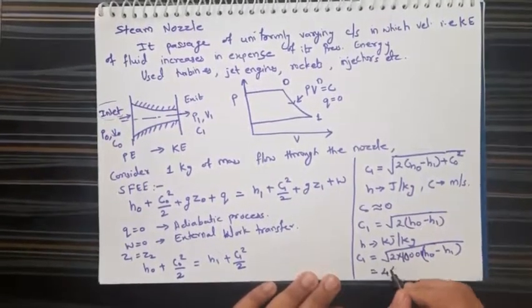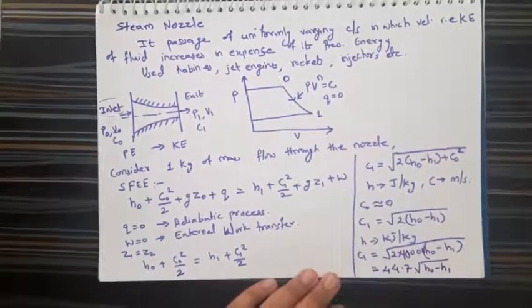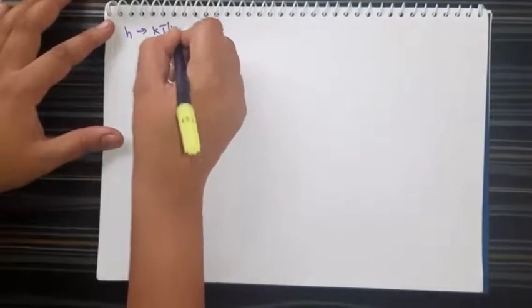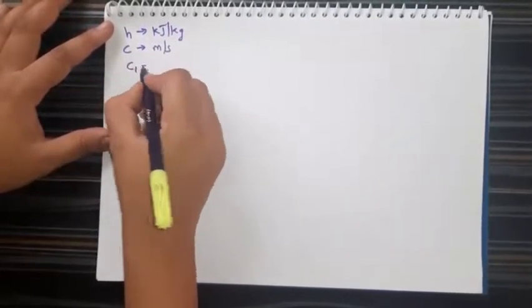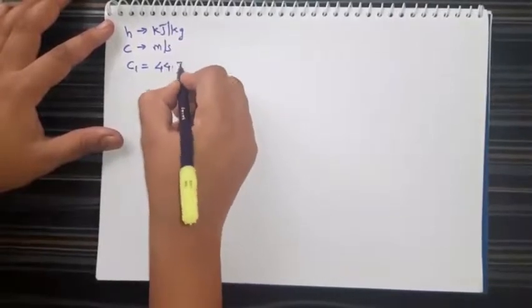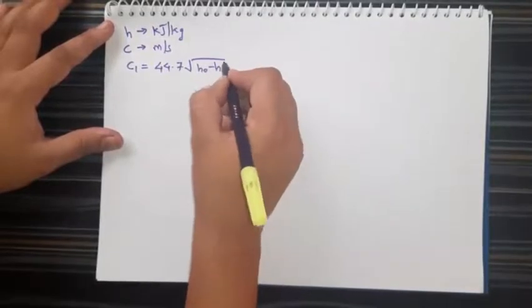And we can write it as 44.7 under root of H0 minus H1. If we are taking H in kilojoule per kg, then for C in meter per second we have to use the formula, that is 44.7 under root of H0 minus H1.